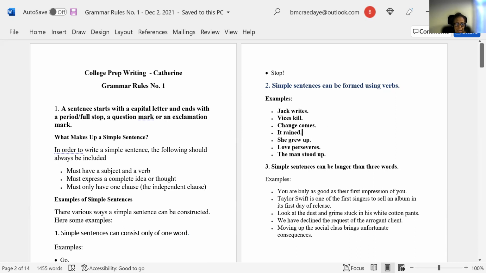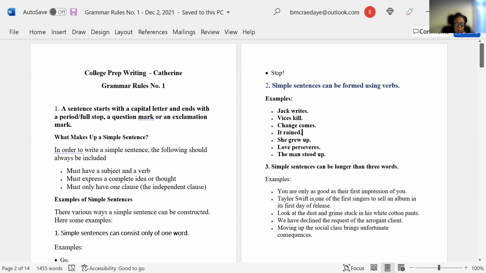You are only as good as the first impression of you. You is the subject, are is the verb, and then the rest of it is what we call the object. It tells us what goes with the subject and the verb.